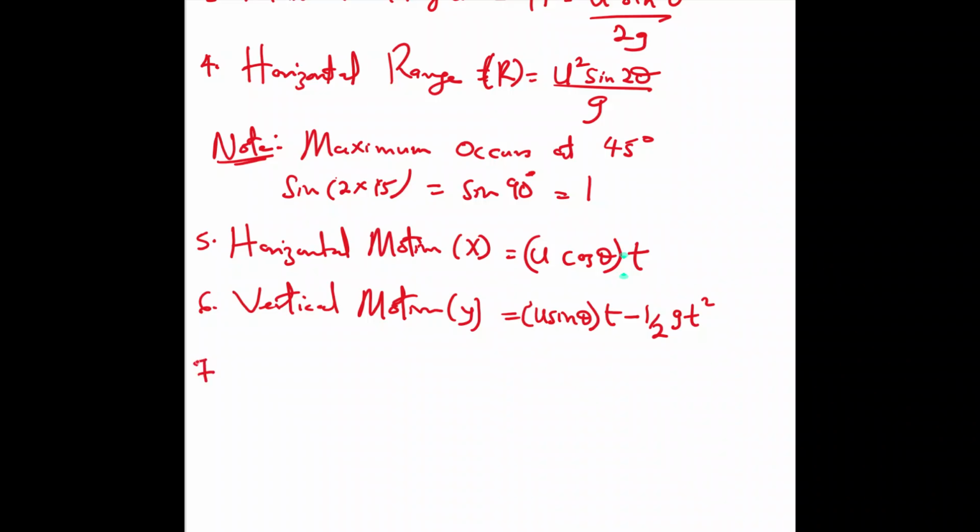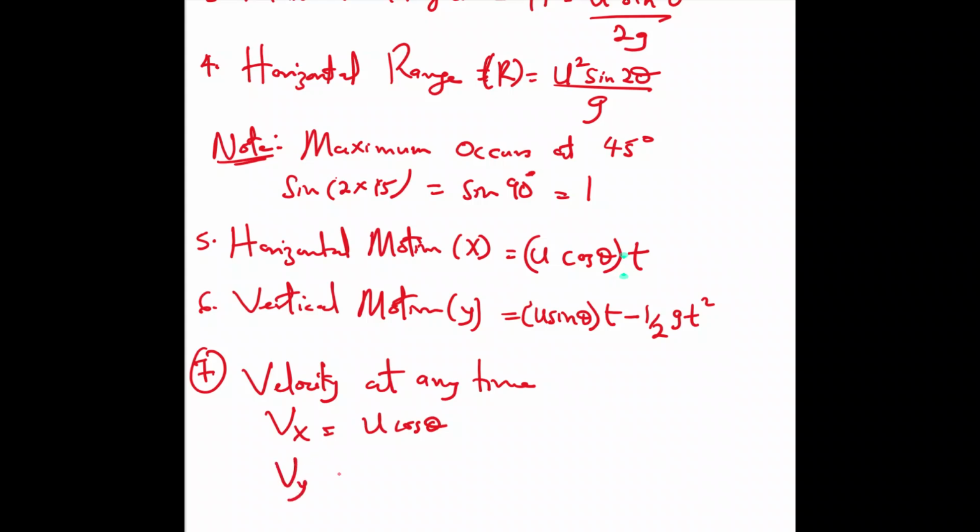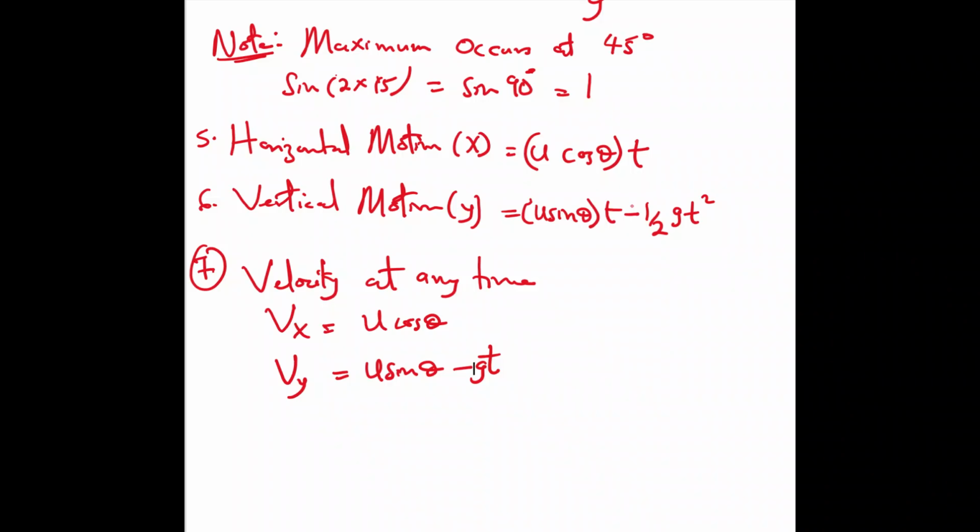Now, if you want to find the velocity at any time, I already talked about velocity, but this is for velocity at any time. For the horizontal component, it will be u cos theta, and for the vertical component, it will be u sine theta minus gt. So just keep this formula in mind.